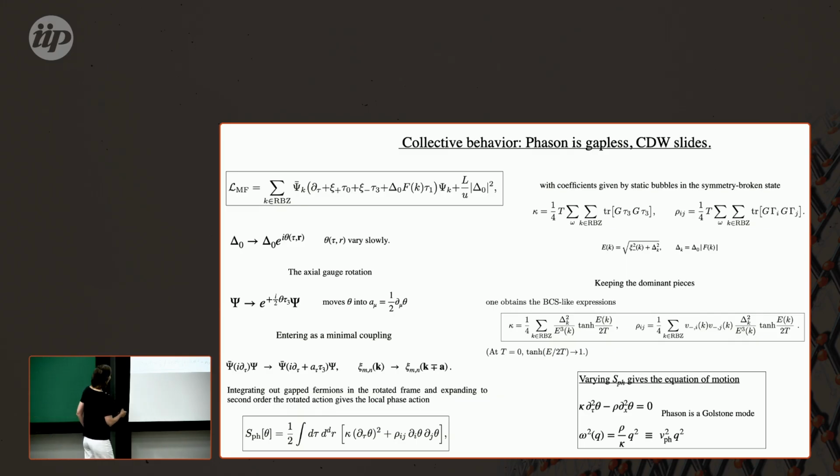And we have then the phason action, phason because of the phase, because of the theta. With this action of the phason, or of the phase, one can vary this action, and from the variation one can find the equation of motion for the phase in the system. And this is the equation of motion, and essentially that gives you that the phason is a Goldstone mode because it has a linear dispersion with Q.